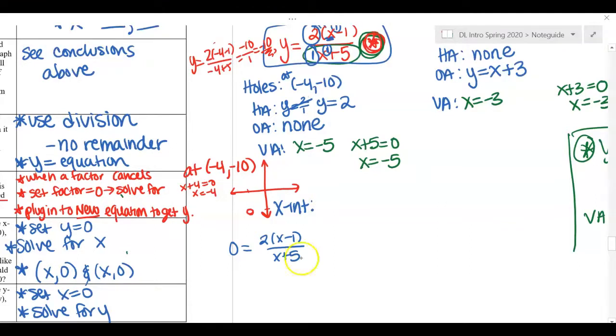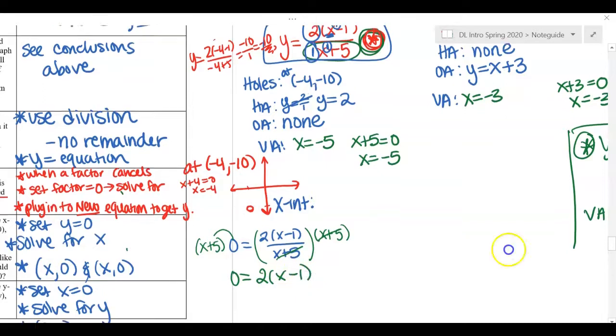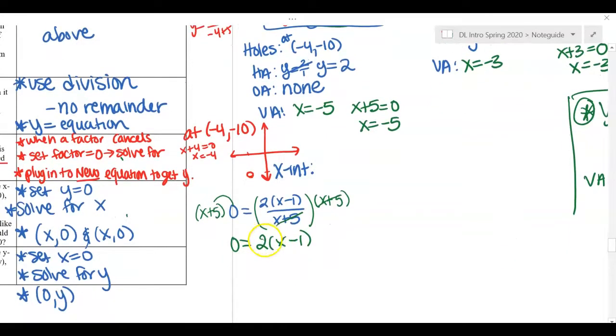This equation's tricky to solve because of the x plus 5 in the denominator, but you saw earlier in this unit that if we just multiply by that factor, we can cancel it out. We'll multiply that by that on the other side as well, and 0 times anything ends up being 0. So then we have this much simpler equation to solve. And so we would divide both sides by 2 at this point. We'd have 0 equals x minus 1, so x is equal to 1.